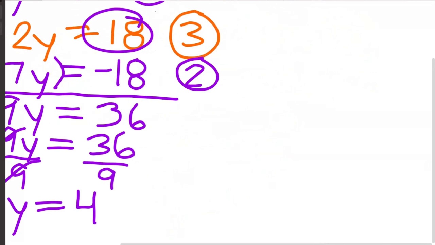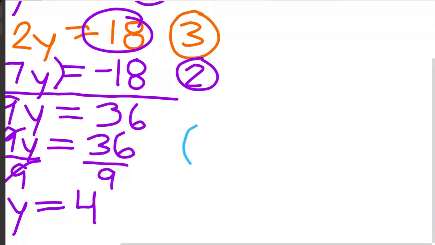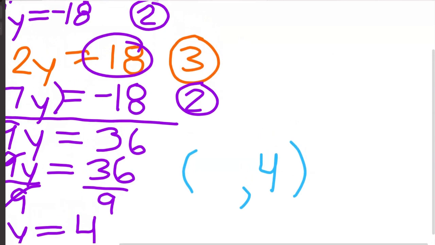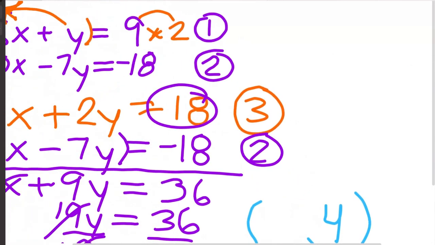The coordinate there is going to be a 4, so we know that. Okay, we'll put a new color for the coordinate. Something, 4. What is the something? What is x? Well, we can take any of our equations, 1, 2, or 3, plug in the y value of 4 to figure out what x is.